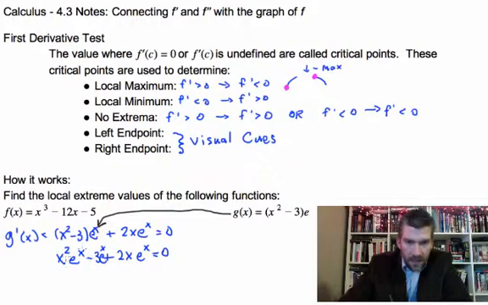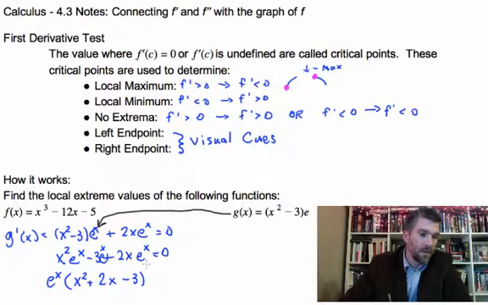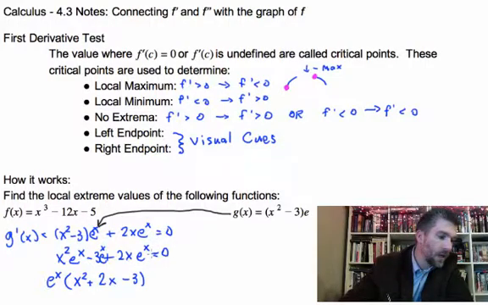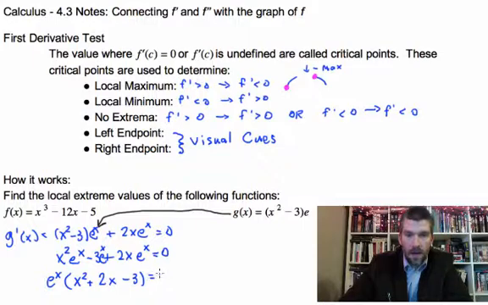And I've got e to the x in everything here. So what I'm going to do is factor out e to the x, and that's going to get me e to the x times x squared plus 2x minus 3. I think that's what it's going to end up being. Let me just double check. Okay, that's it.